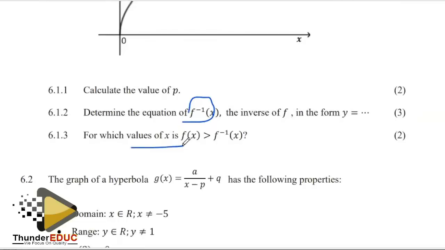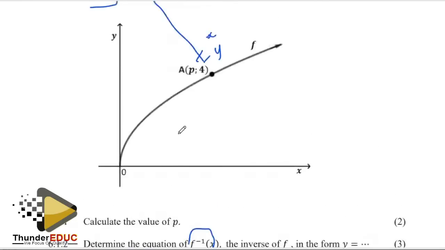And then for which values of X is the f of X greater than the inverse? For a graph to be greater, it must be just above. So let's say I had plotted my point. I don't know what this is, but let me just sketch something.